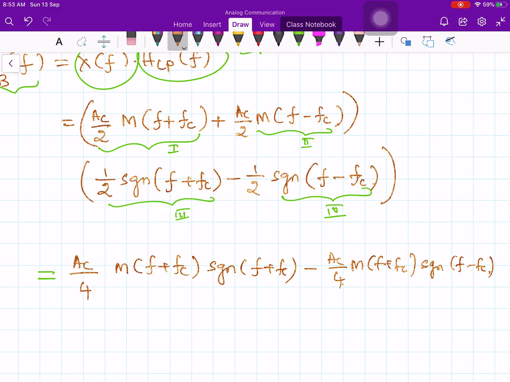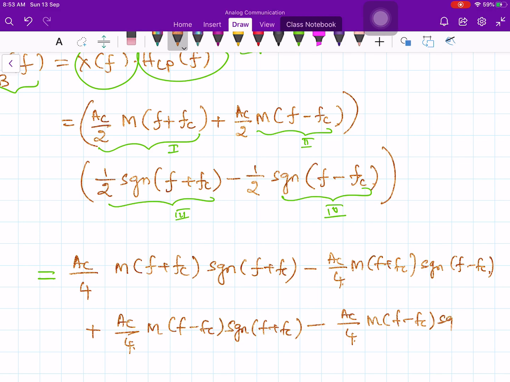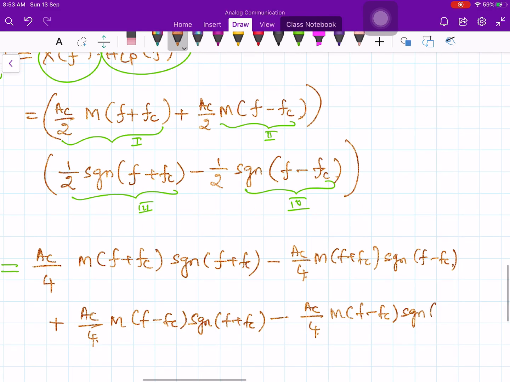Then second term with the third term, AC by 4 m of f minus fc, then signum of f plus fc, then minus AC by 4 m of f minus fc, then signum of f minus fc.